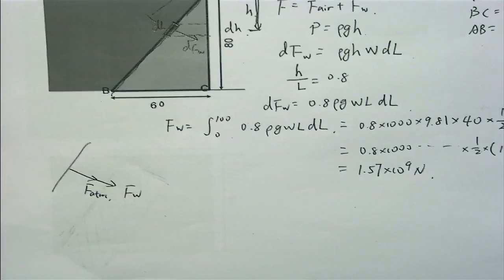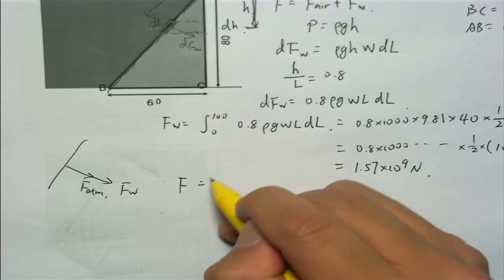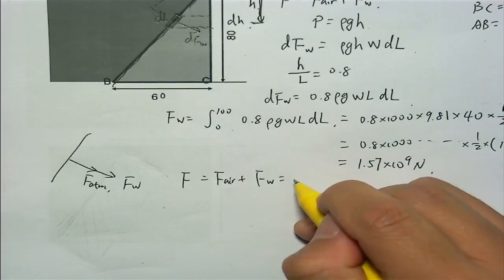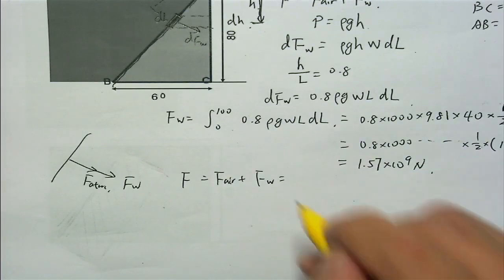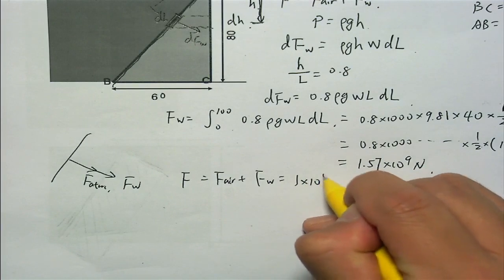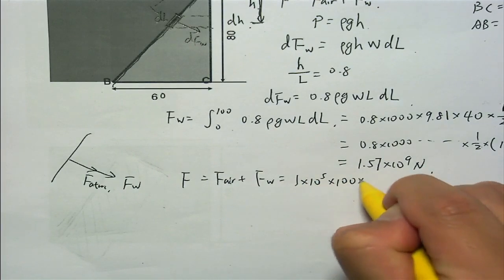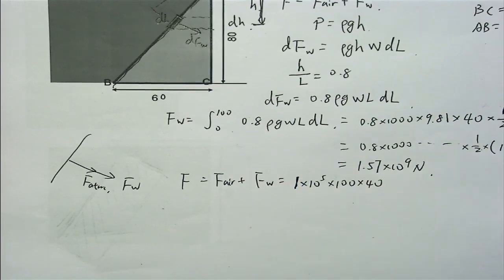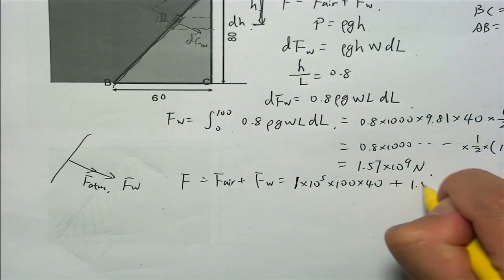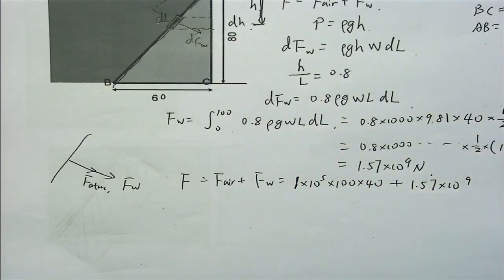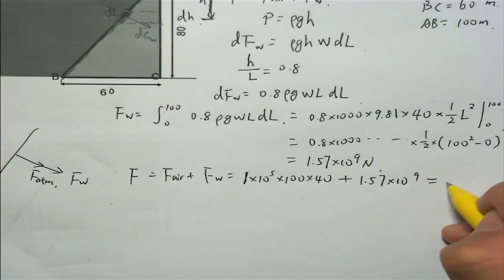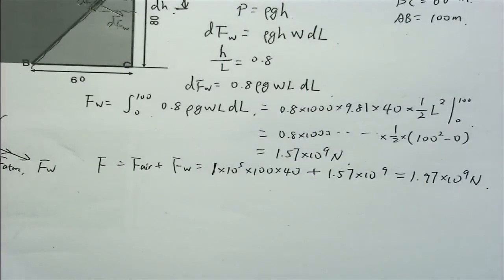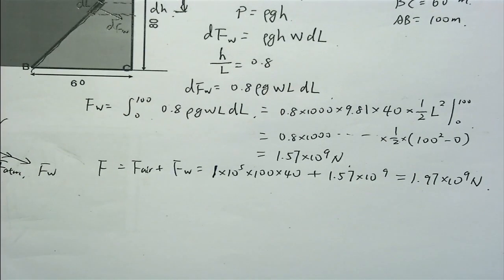So we add these two: F is F air plus F water. The force by the air is P atmosphere multiplied by the area, plus 1.57. So we finally got 1.97. We finally got the force here, right?